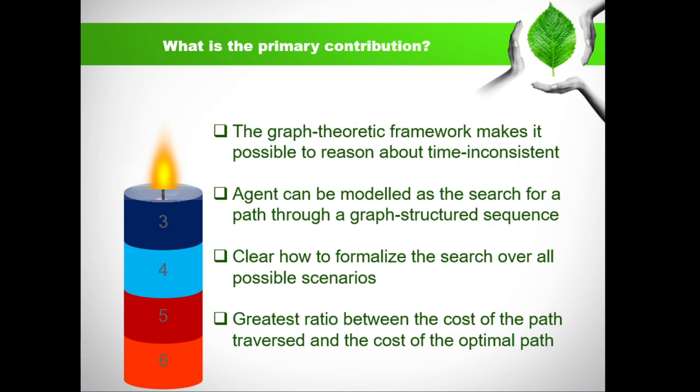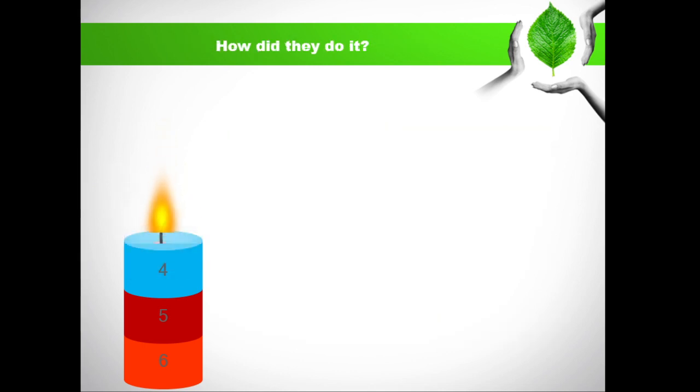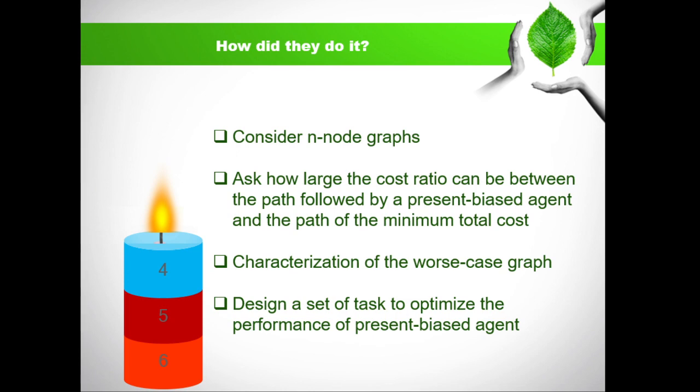But as we'll see, this is precisely something one can do if one simply asks for the graph in which time inconsistency produces the greatest ratio between the cost of the path traversed and the cost of the optimal path. So the study considers n-node graphs and asks how large the cost ratio can be between the path followed by a present biased agent and the path of minimum total cost.